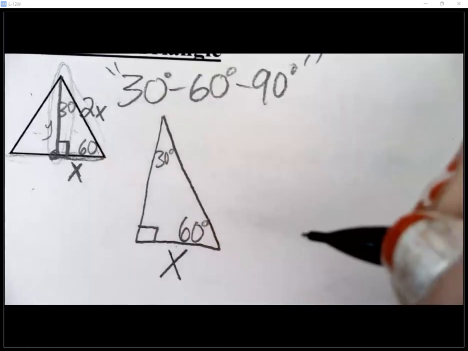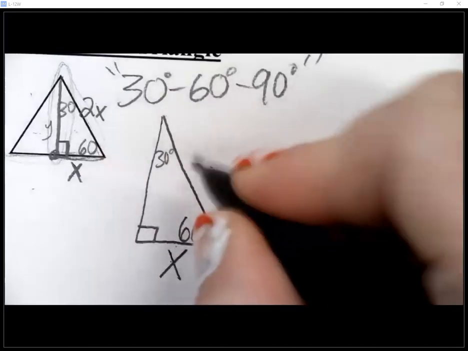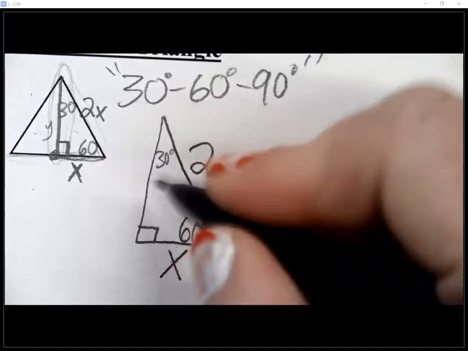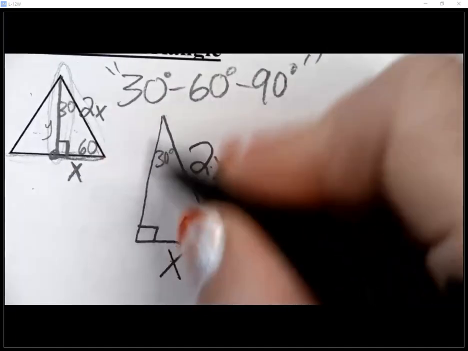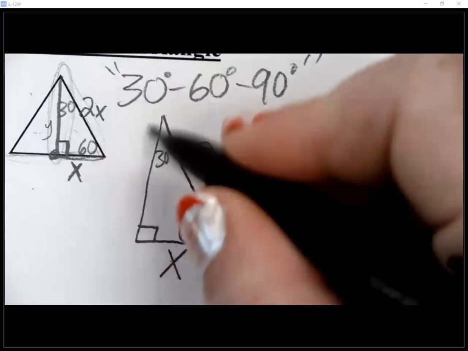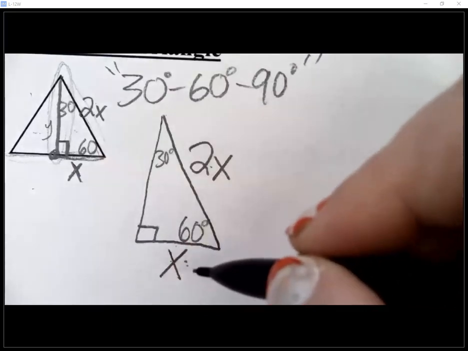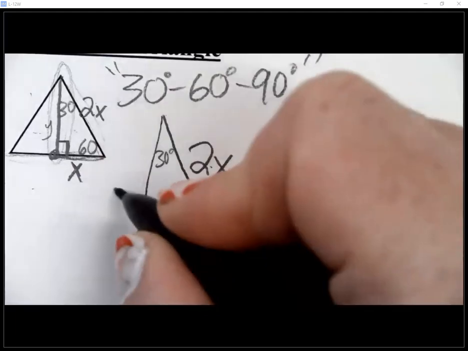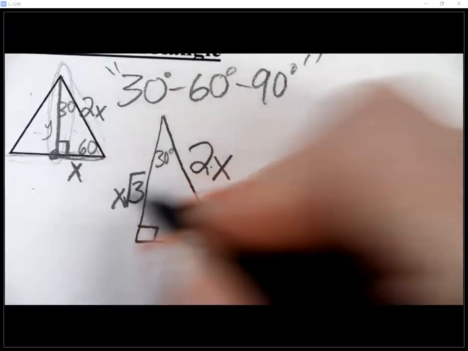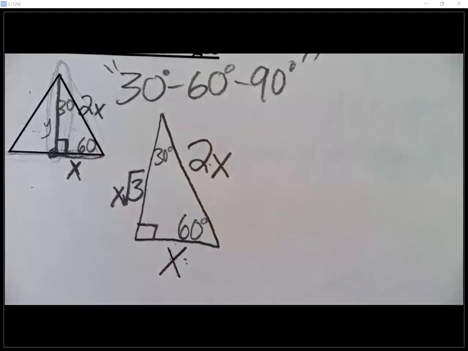The hypotenuse will always be twice as big as that. And you guys just found an expression for the altitude. This one right here is always going to be whatever that short side is times the square root of 3. So that side is just x √3. That's so cool. I know.